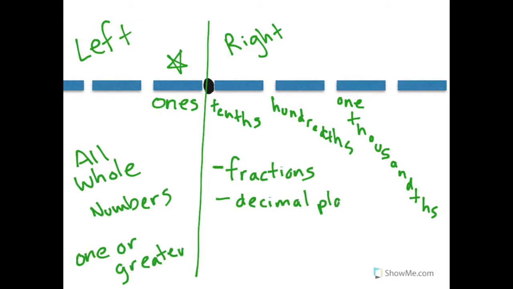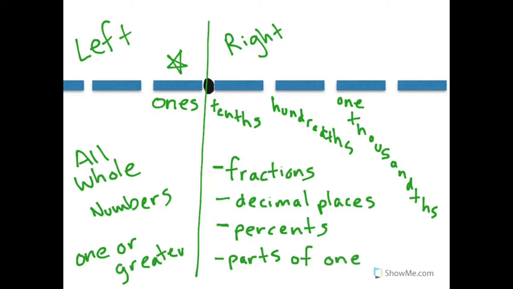We'll just say they're the decimal places. Okay. Those are the same thing as percents. Good. Catching on quick. And every single one of these numbers to the right of the decimal are what? Parts of one whole. Yep, they have to be parts of wholes. They're all parts of one whole.